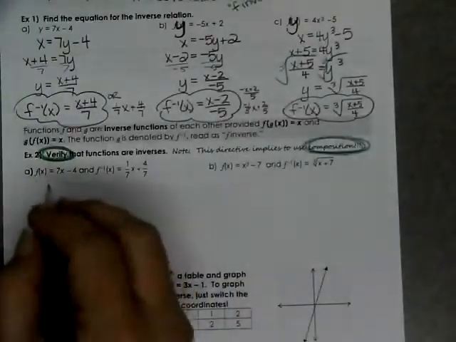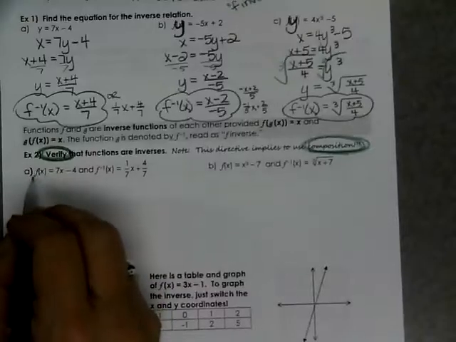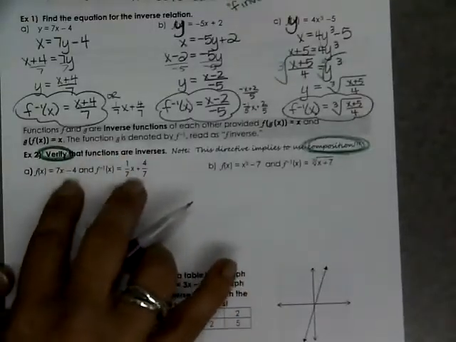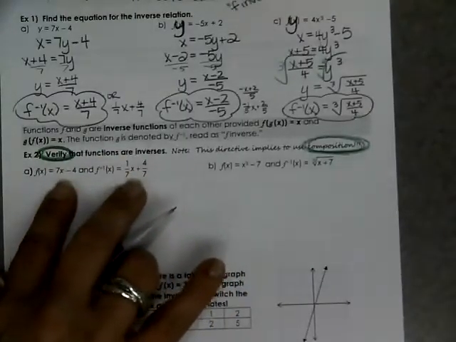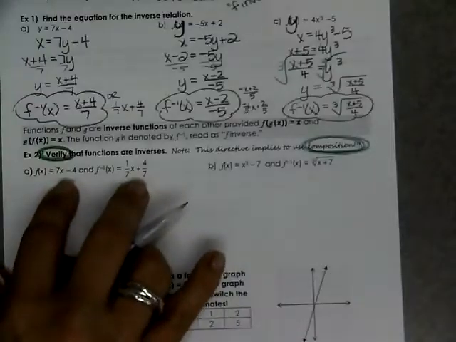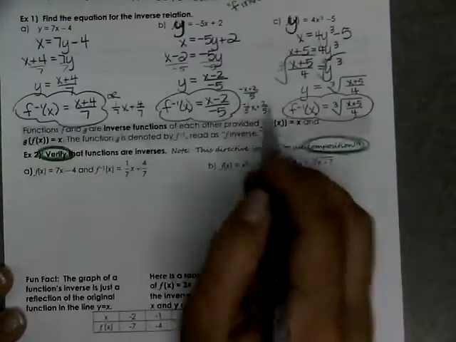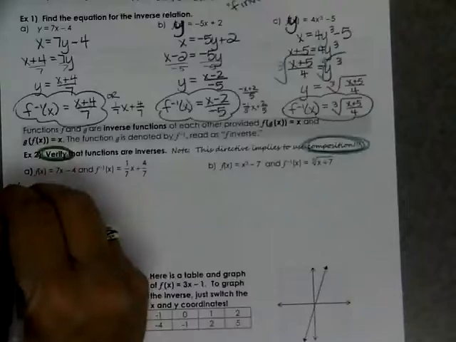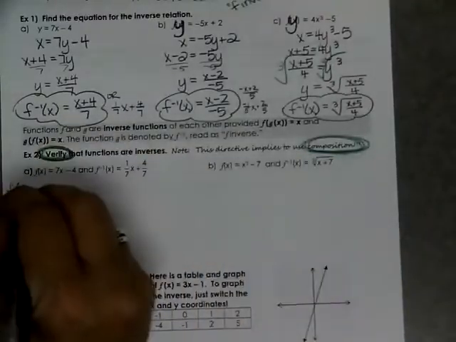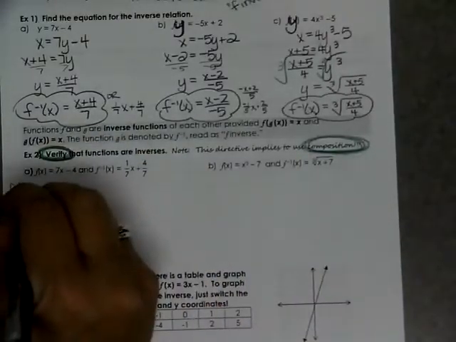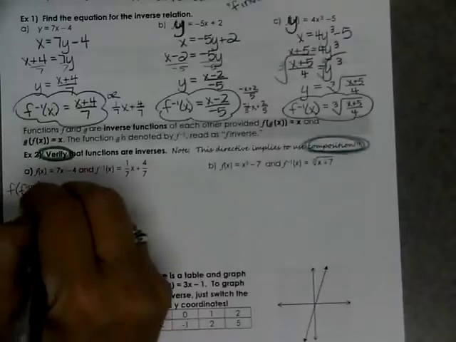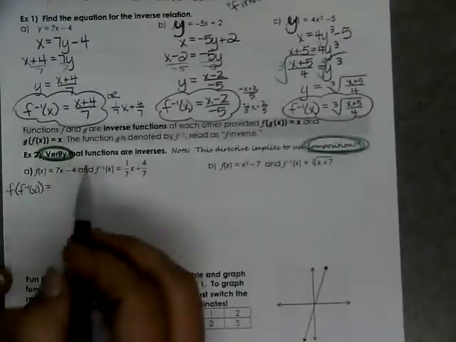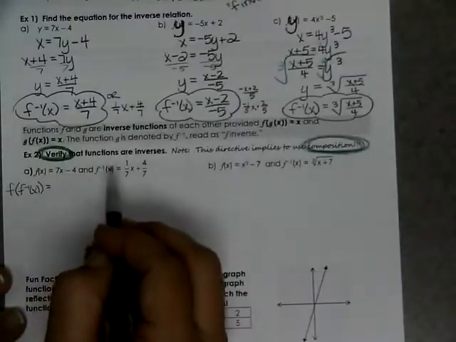So let's try that in example 2a, where we have these two linear functions, and we want to verify that these are inverses. The first thing we want to do is deal with f of g of x, so in this case, f of f inverse of x. We're going to compose these two functions.